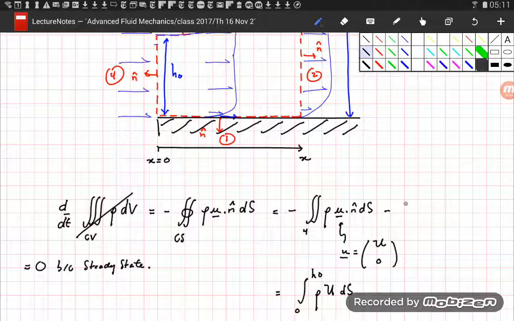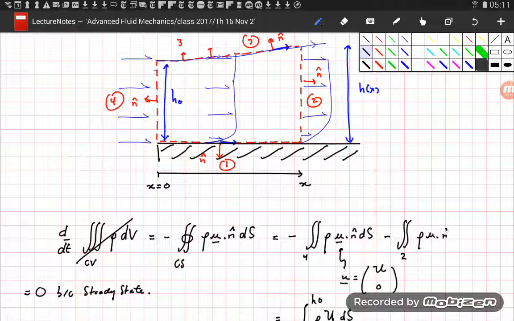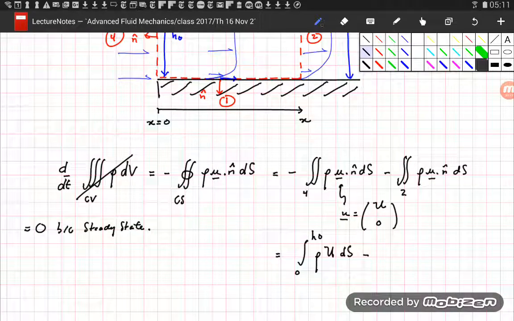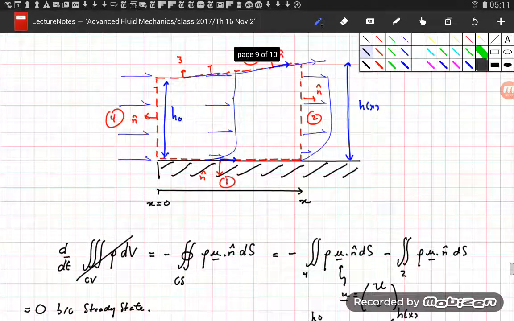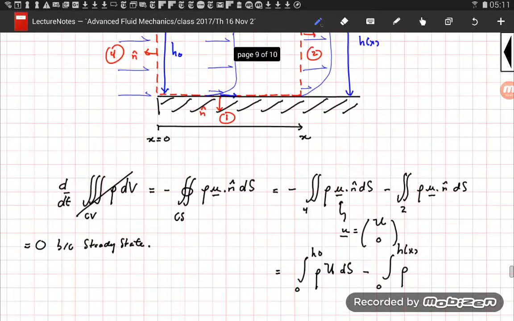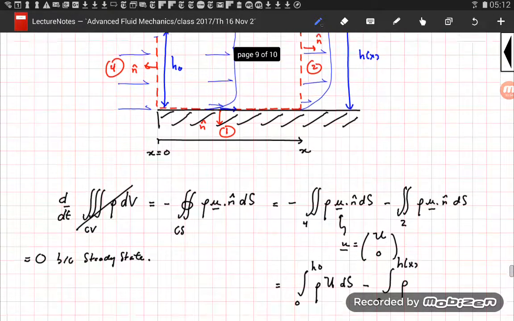And then we have minus the integral along the outlet of rho u dot n ds, and likewise this is going to be minus the integral between 0 and h(x), which is now the height here, if our top surface follows the streamline, of rho times u dot n. n is in the x direction, so u dot n just has the x component of the velocity field.